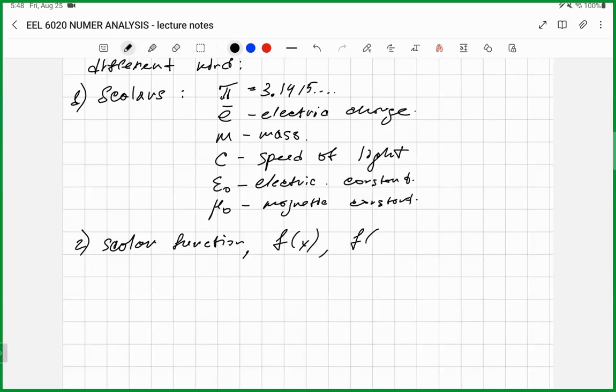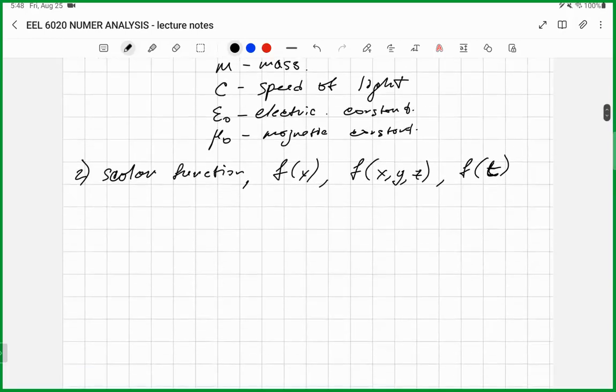Of course, we deal with functions of several variables like x, y, z. In this case, they denote coordinates. We can also have some functions of t, of time.